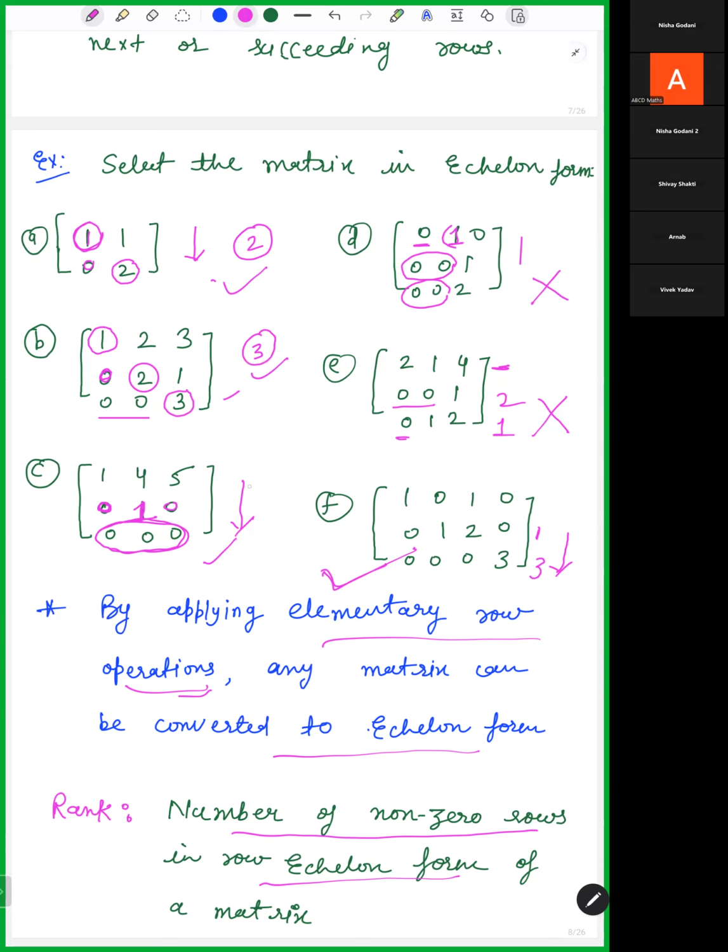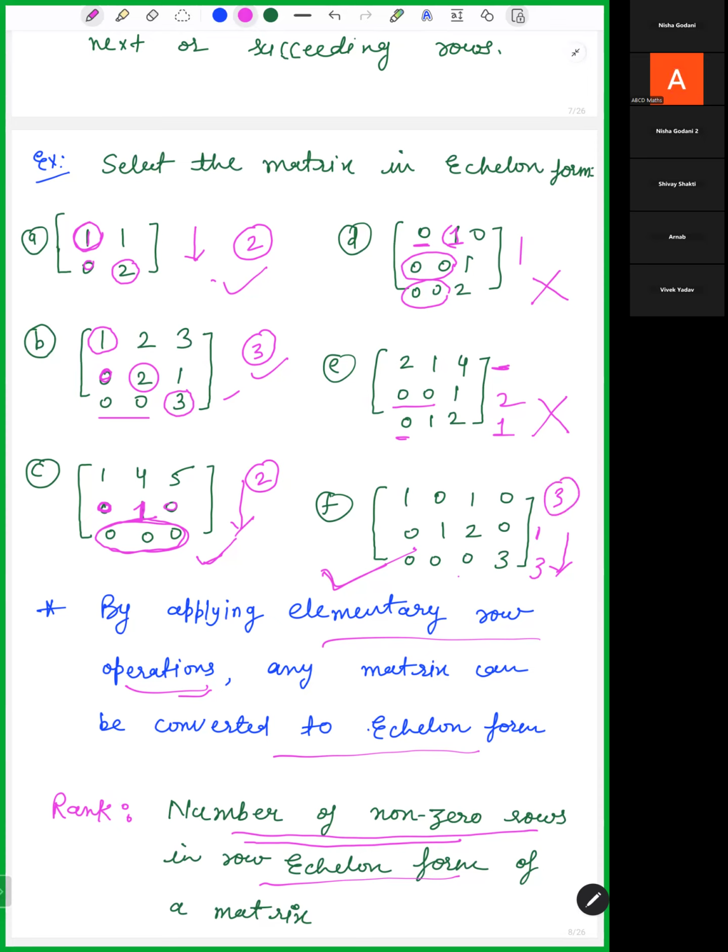And the C matrix has rank 2. Why 2? It is in echelon form, but why 2? Because here you can see the definition, number of non-zero rows. It has one row which has all zero elements, so don't count that. What is the number of non-zero rows in this matrix C? The number of non-zero rows is 2. That is why the rank is 2. In matrix F, you can see that there are 3 non-zero rows. So this has rank 3.